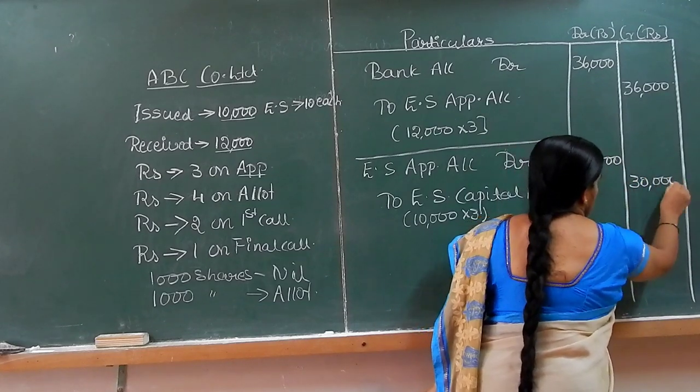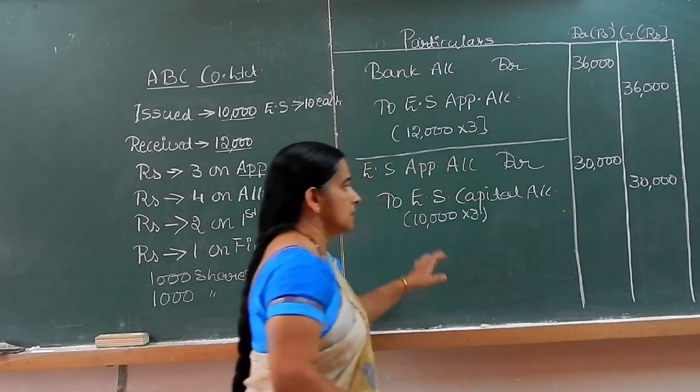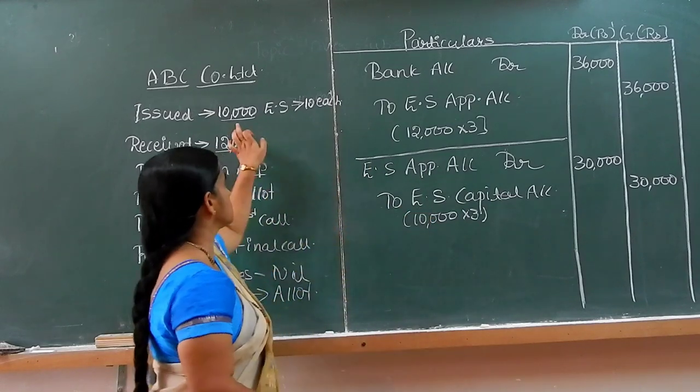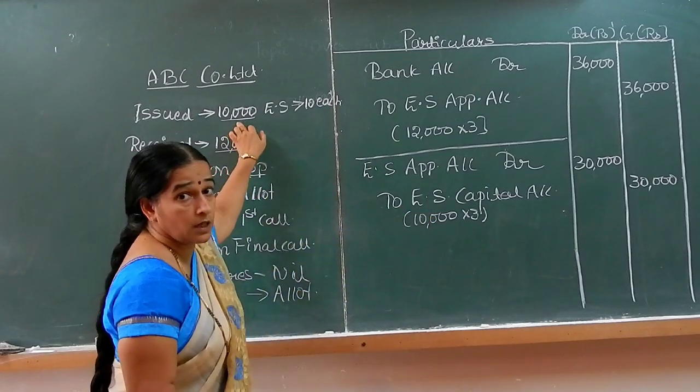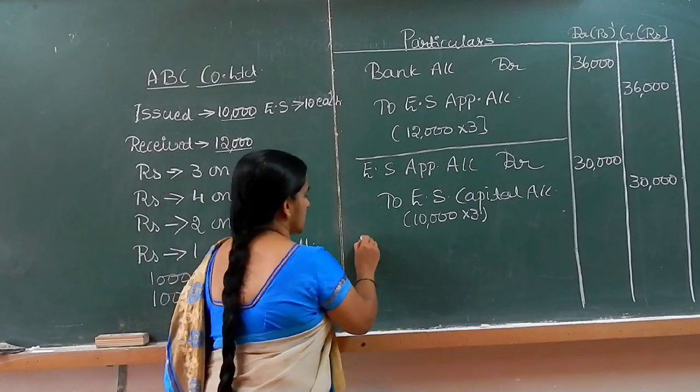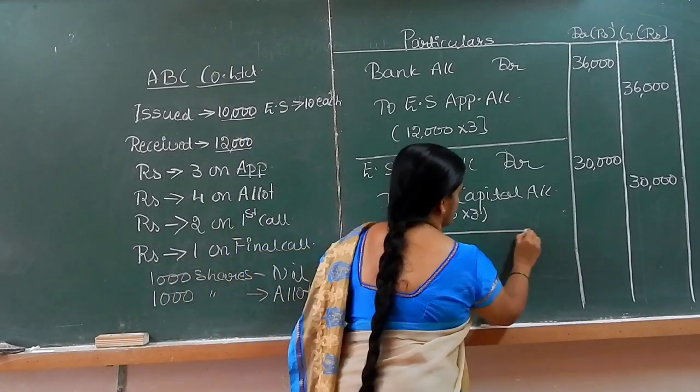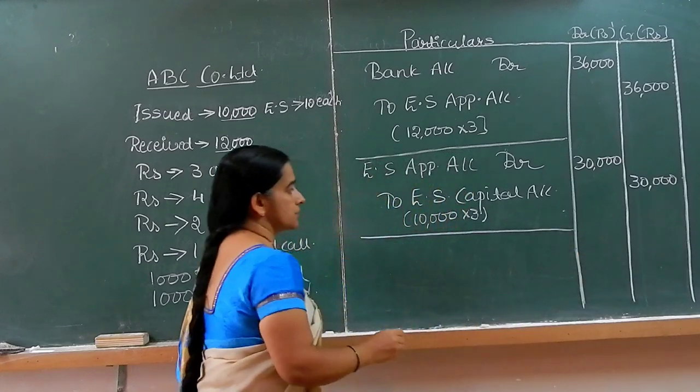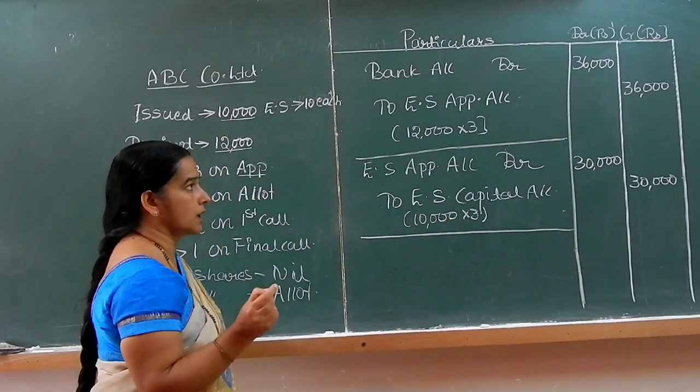Why only 30,000 is transferred to share capital? Because they issued 10,000 equity shares. Being equity share application money transferred to share capital account.